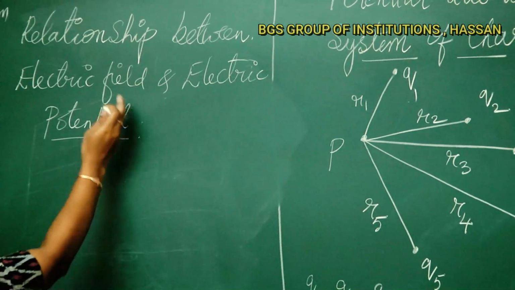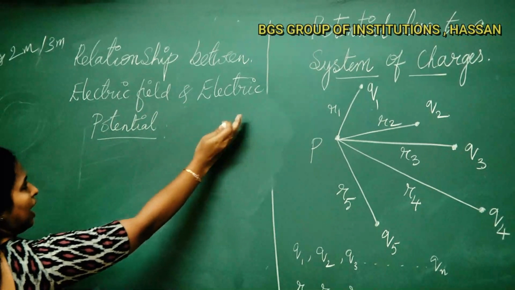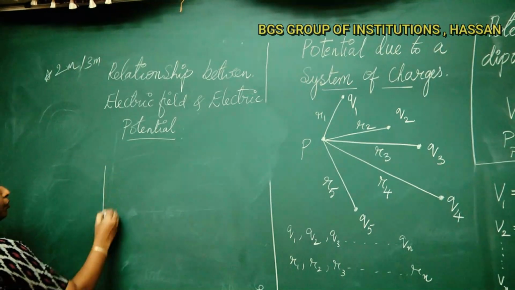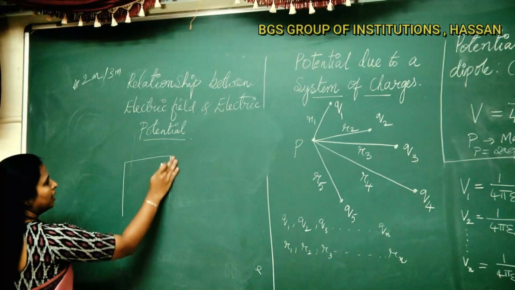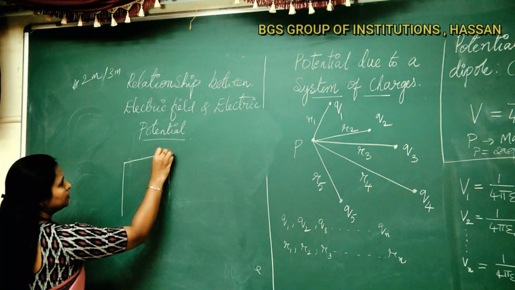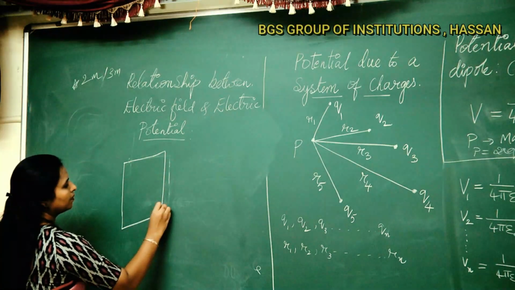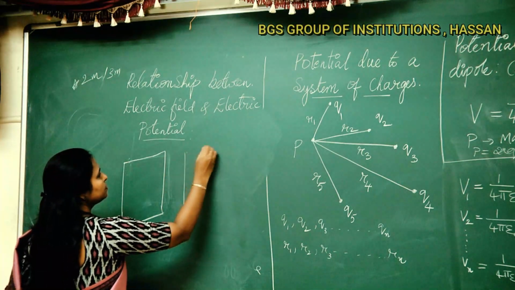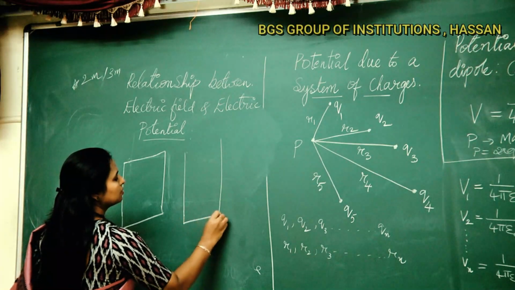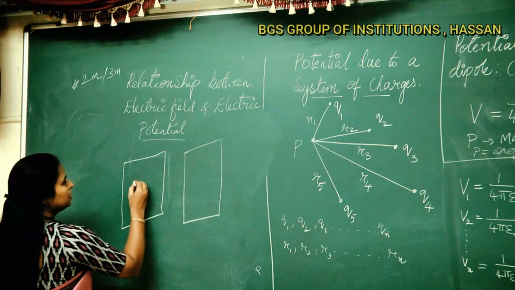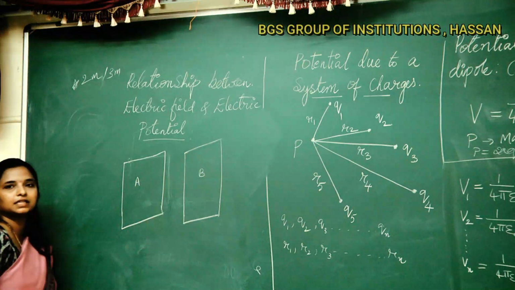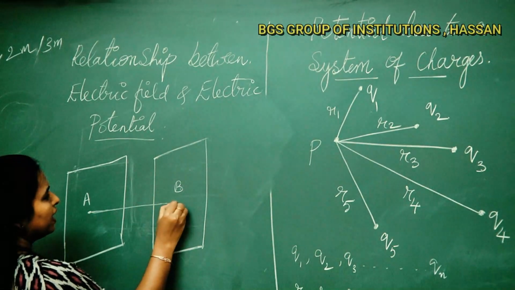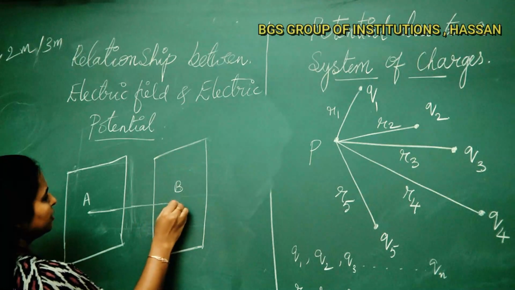So, in order to derive the expression for electric field and electric potential, first we have to consider equipotential surfaces like this. Closely spaced equipotential surfaces, say A and B, and the distance between them is very small.